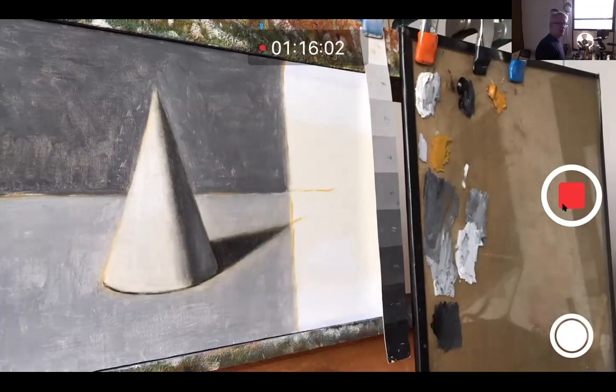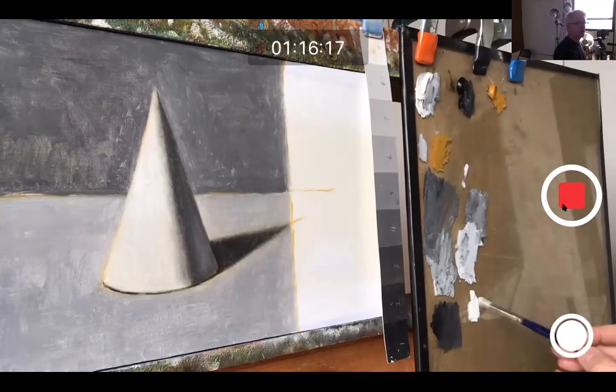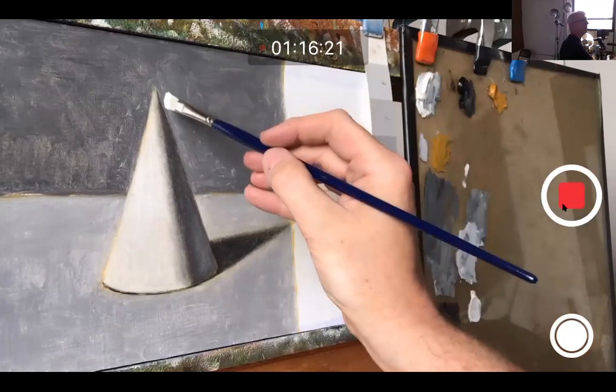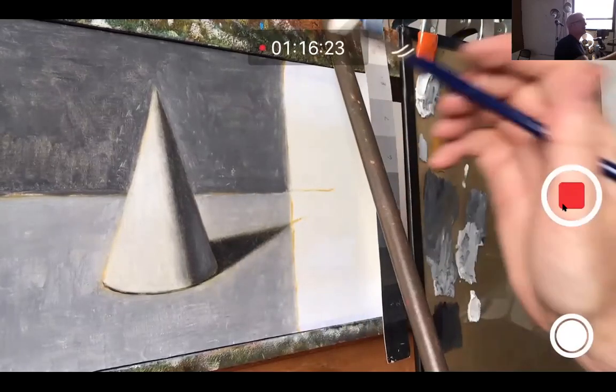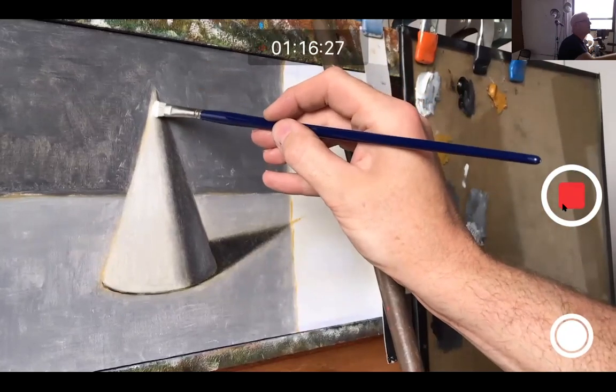So now we want to look for the highlight. And the highlight on this form is not that strong. This is not a highly reflective surface. But there is nevertheless an area, I see just a slight indication of the highlight, a little bit stronger at the top of the cone.